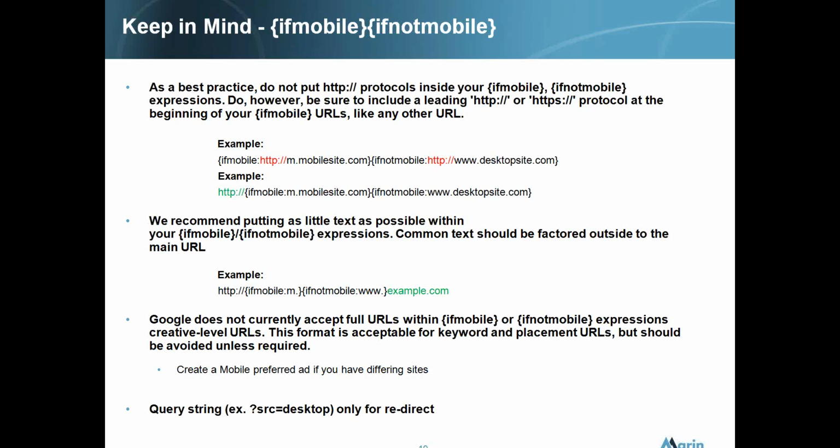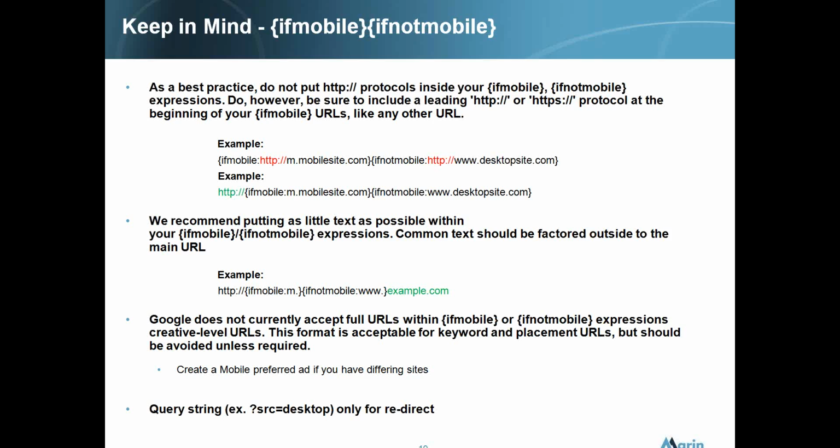If you do need to send your users to completely separate pages, as in the top examples, then creating a mobile preferred ad with a different site for the mobile preferred ad versus your desktop ad is suggested.